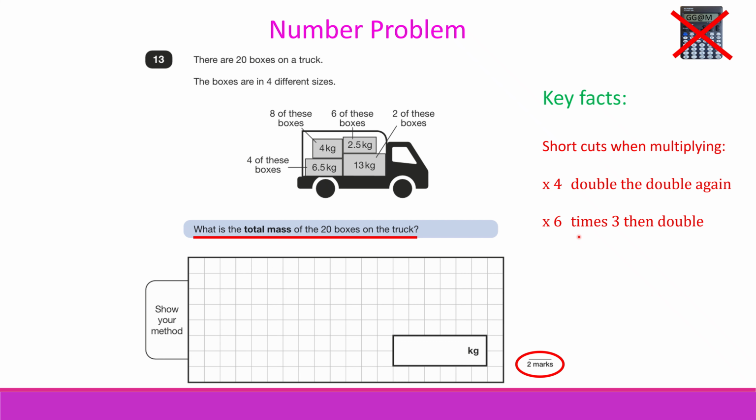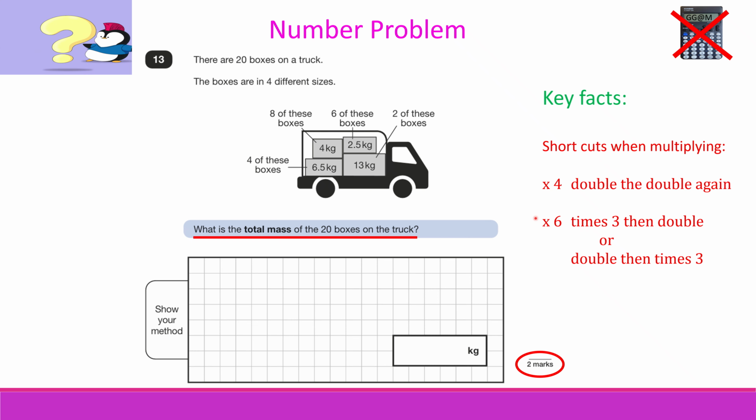Now multiplying by 6 is the same as multiplying by 3 and then doubling, because 3 times 2 is 6. Or you could do it the opposite way around. You could double and then multiply by 3. But again, because 2 times 3 is equal to 6. So these are shortcuts to help you multiply by 4 or 6 in your head.